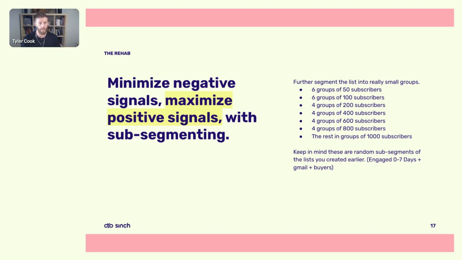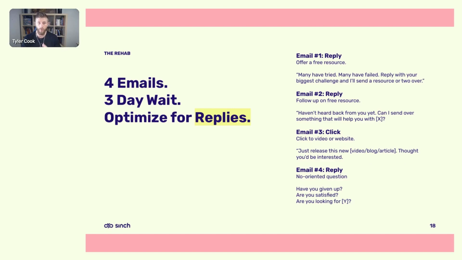So what does the email rehabilitation process look like? It's 4 emails with a 3-day wait between each email, and each email is optimized for replies.